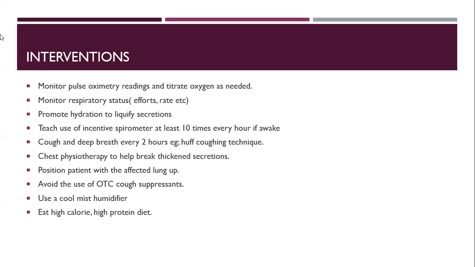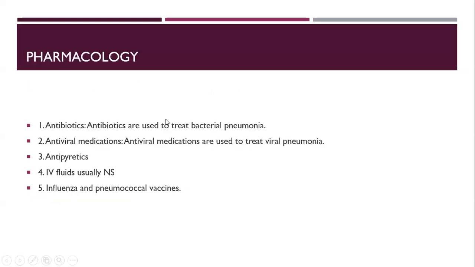Because when the air you breathe becomes warm, it can dilate and sometimes help you to breathe, especially when I give oxygen. We give a humidifier so that it can help you breathe in the oxygen properly. So that is something you should know. Then lastly, eat a high calorie, high protein diet to help the patient build their weight.